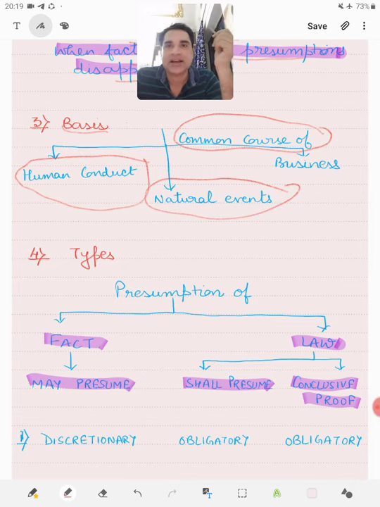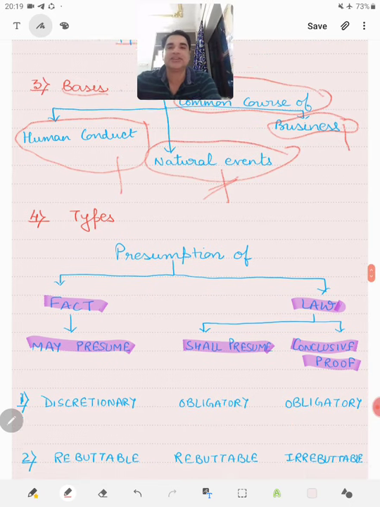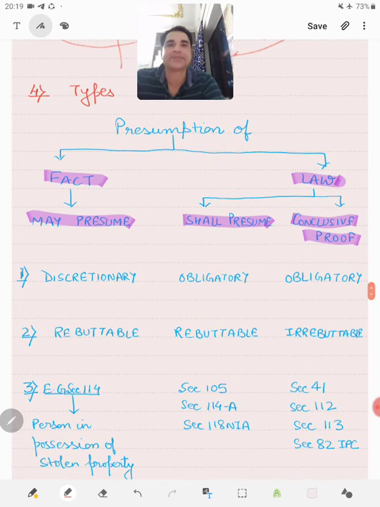If it is a winter morning at 5 o'clock, and it was so cold in the night, it may be presumed that there is fog. If there is fog, it may be presumed that there was low visibility. So these are natural events and the common course of business. So the bases of presumptions are the common course of human conduct, the common course of natural events, and the common course of business.